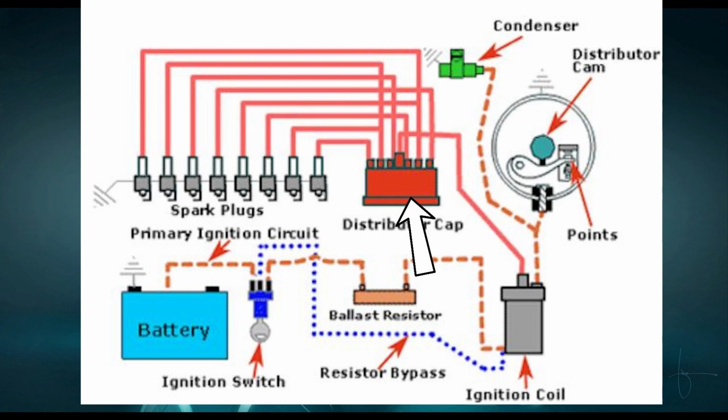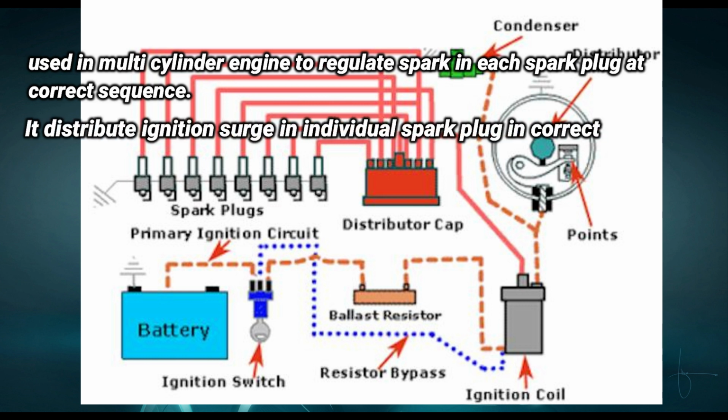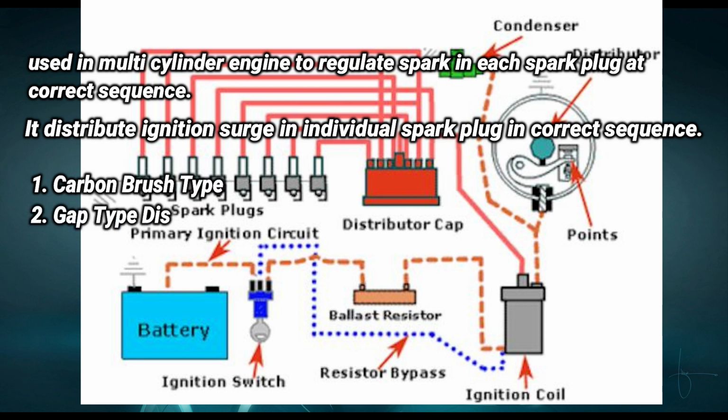Moving ahead is the distributor. The distributor is used in multi-cylinder engines to regulate the spark in each spark plug in the correct sequence. It distributes the ignition surge to individual spark plugs in the correct sequence. There are two types of distributor. One is known as the carbon brush type and the other one is the gap type.